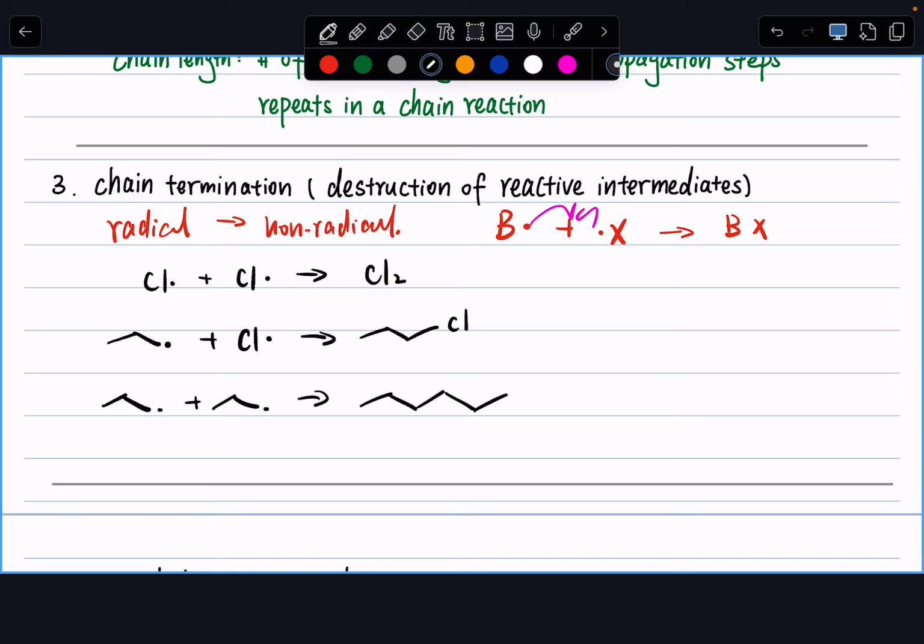Or alternatively, if you have generated an internal radical by abstracting that internal CH, you can also react it with a terminal radical and form a new bond. So there are different ways of terminating the radicals. As long as two radical species meet each other and form a new bond, that's called termination of the reaction, or destruction of my reactive intermediate.